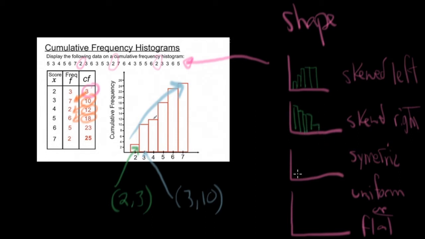And then something that is symmetric, look at that. And then something that's flat, there's really no change, uniform, you would say, it's like that. So you can see with skewing left, it's kind of going like this, skewing right is kind of going like that, and symmetric is going like wee, and then flat is kind of going across.